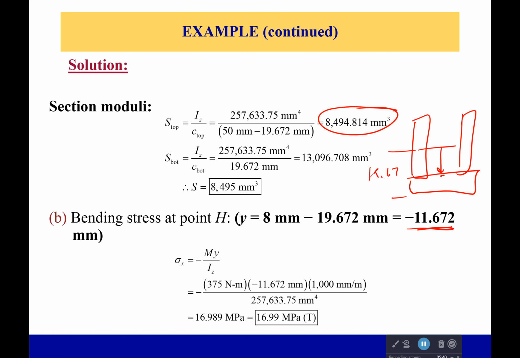Then I know my normal stress equation is simply the moment, which is given to us in the problem statement, times my distance, times the moment of inertia. I'm converting everything to millimeters just to remind myself, because 1 Newton per millimeter squared is equal to a megapascal. It's that nice, wonderful conversion that we've done like 1,000 times.